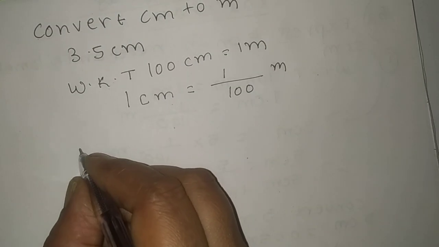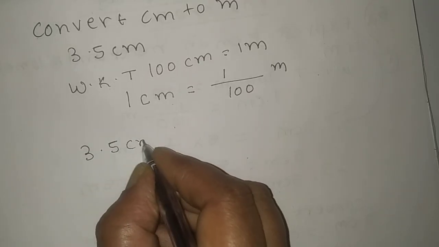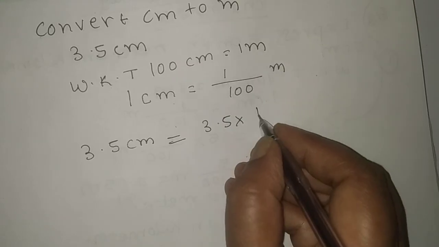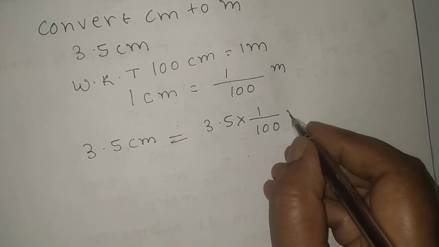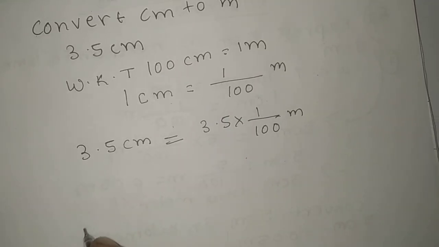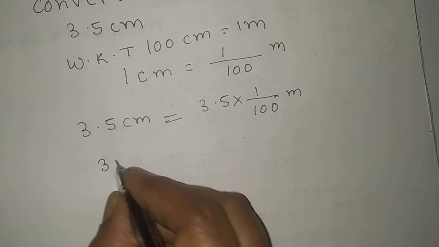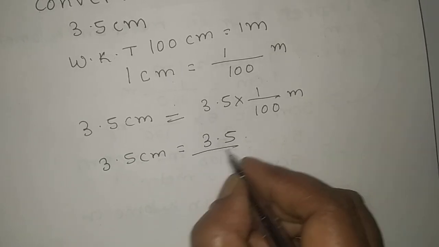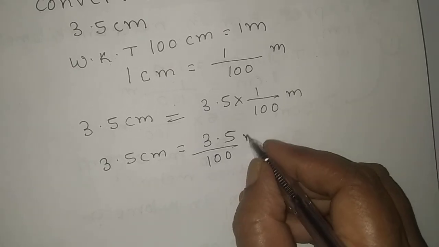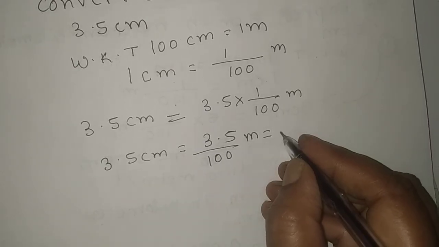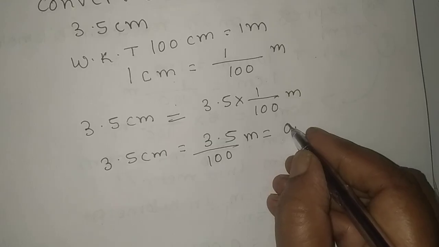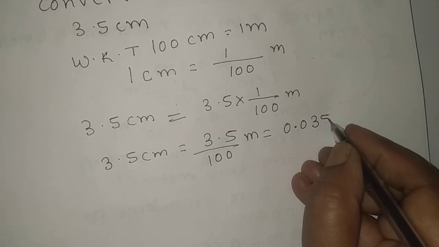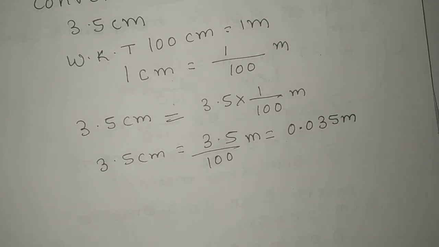Therefore for 3.5 centimeters, it is 3.5 into 1 by 100 meters. Now 3.5 centimeters is equal to 3.5 by 100 meter, which is equal to 0.035 meter.